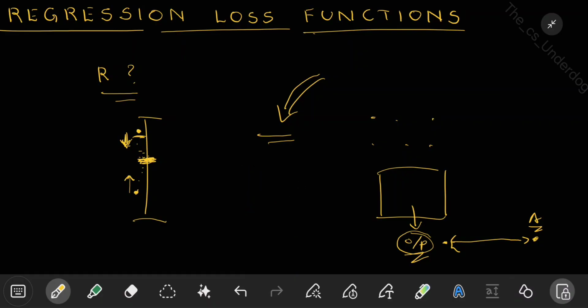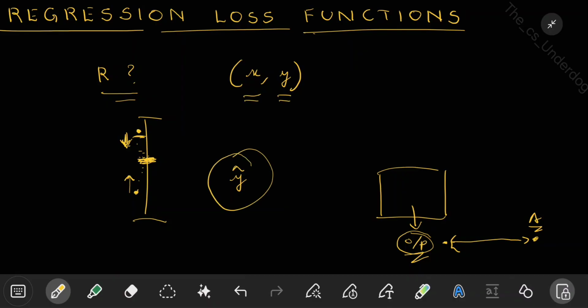What happens then? Your loss function should measure how close your prediction y cap is. Why am I calling it y cap? Generally, you will say input is x and output is y. So x is the actual input, y is the actual output, then y cap is the output that is predicted by your model. When I said actual output here, I meant what is the actual target, what is the expected value.